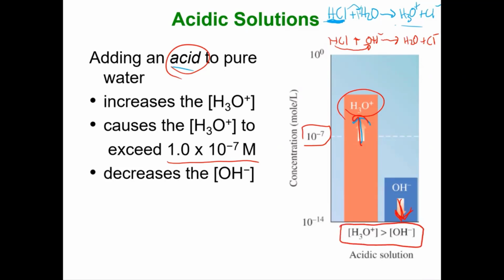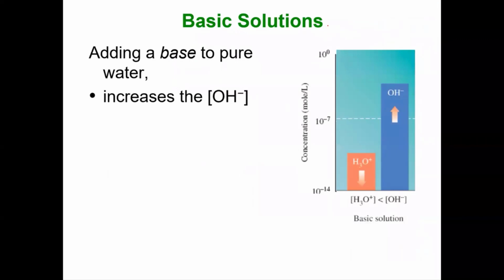When the hydronium concentration is bigger than hydroxide, it's an acid. Well, how would I get that? I'd have to add acid to it, like hydrochloric. Well, what would happen if I add a base? Let's say I added sodium hydroxide, right? If I took this salt and threw it in water, what do I end up getting?